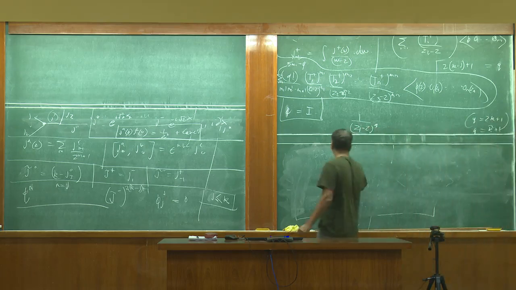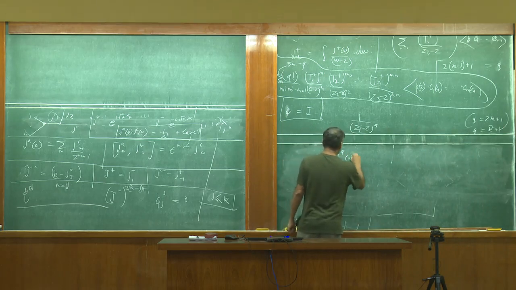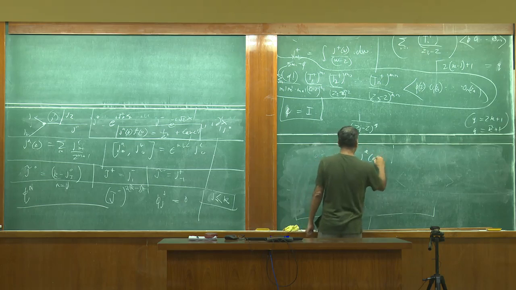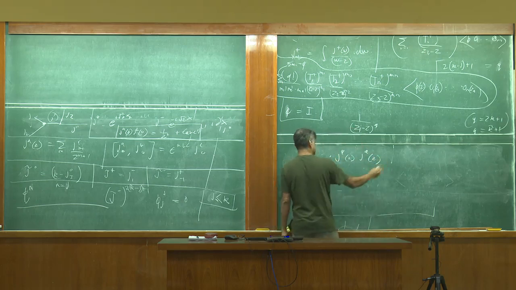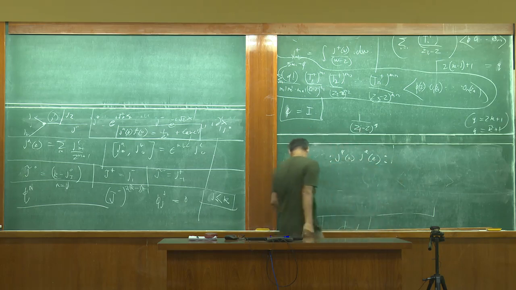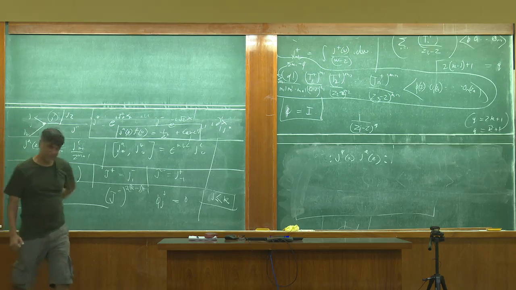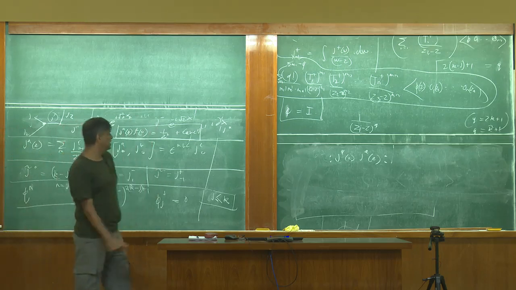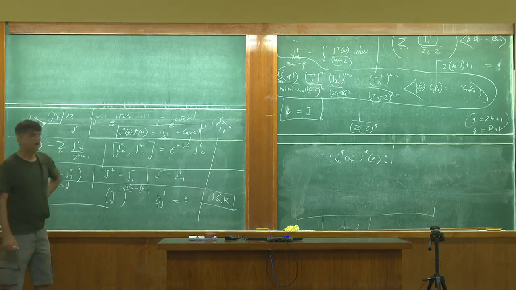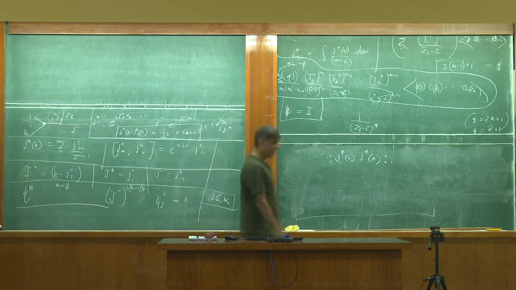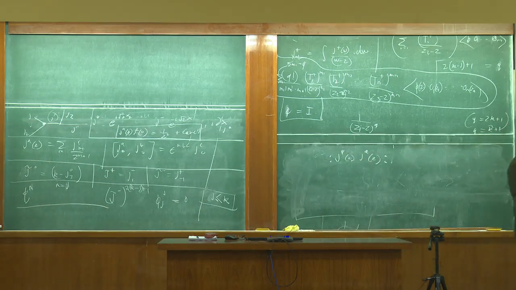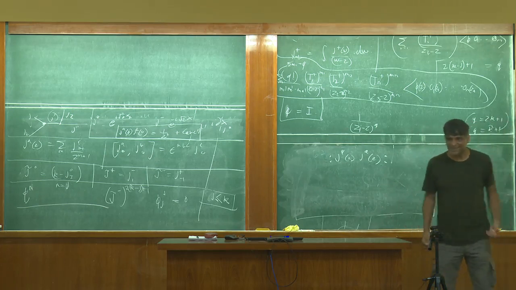Sticking to SU2, consider J^A(z) J^A(z), normal ordered. What do I mean by normal order? When we were studying free boson theory, we said normal order meant removing the 2-point function. I mean the same thing here.